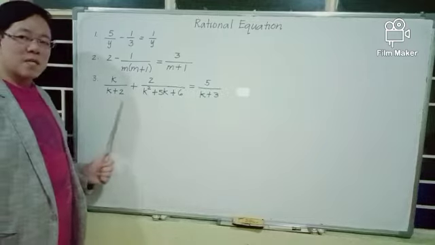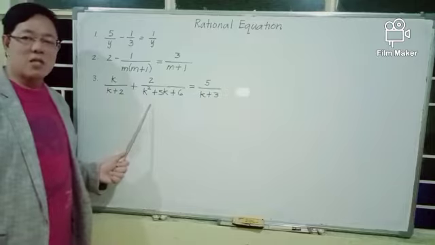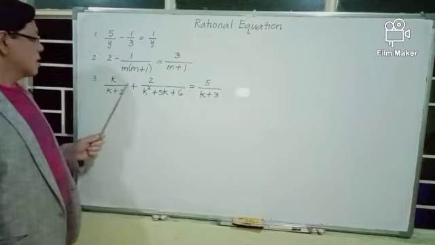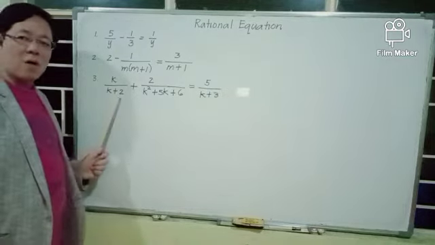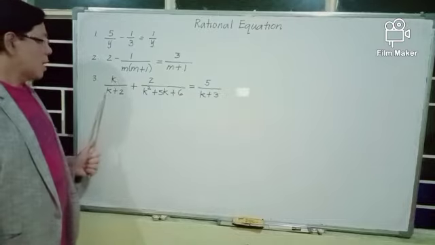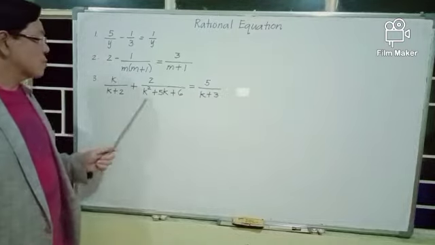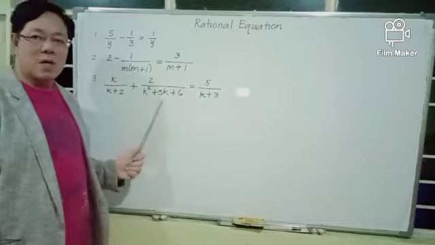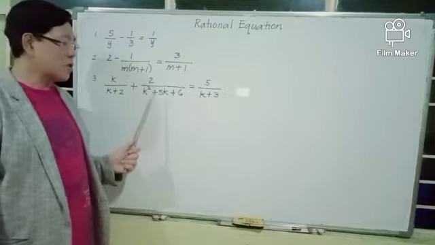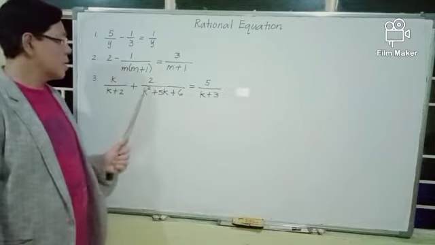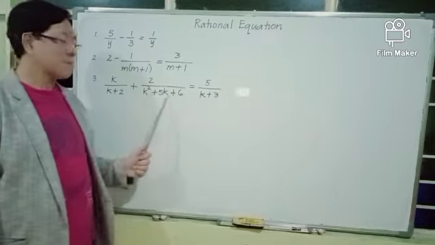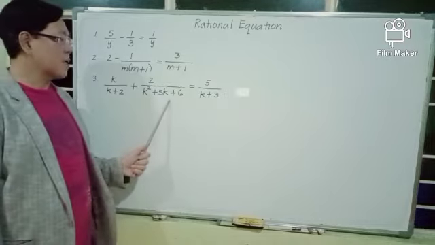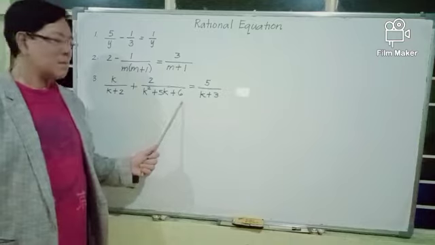These two terms at the left-hand side of the equation are rational expressions. The first one is the ratio of a monomial k and the binomial k plus 2. The second term is a ratio of a constant 2 and this trinomial k squared plus 5k plus 6.